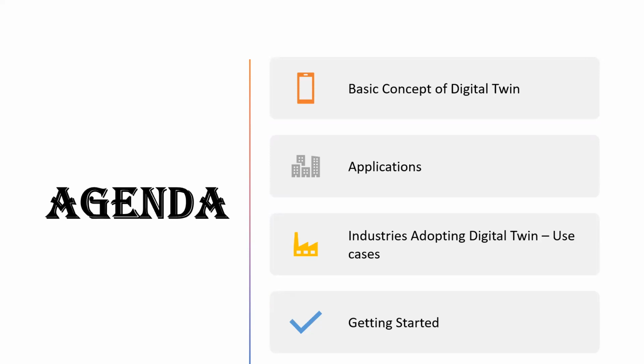We will try to cover 4 to 5 use cases from different domains. Knowing all these things, how can I get started, what are the tools available today, and as a beginner or learner, which open source stuff is available and how I can get started. After this, we'll open up the floor for questions and answers.